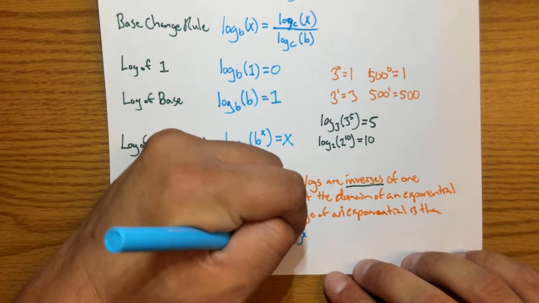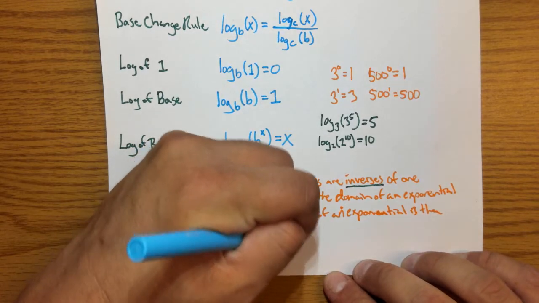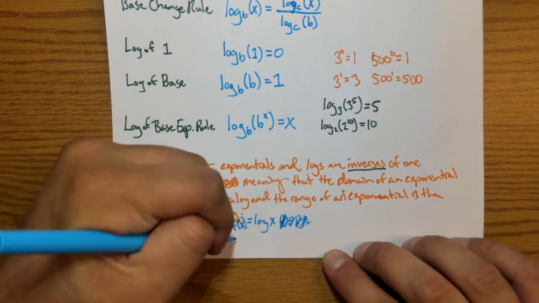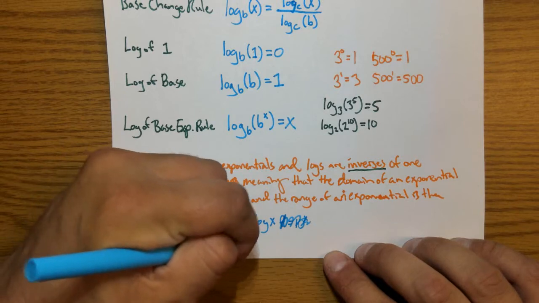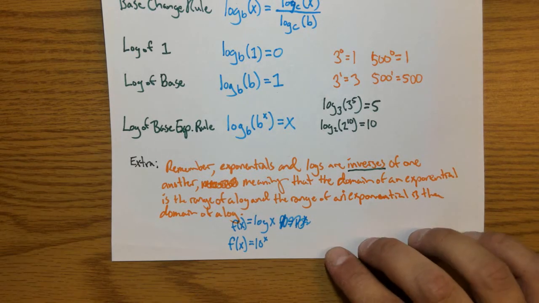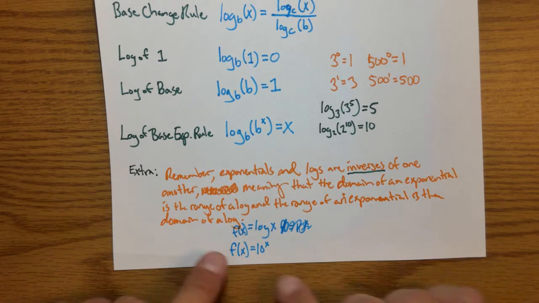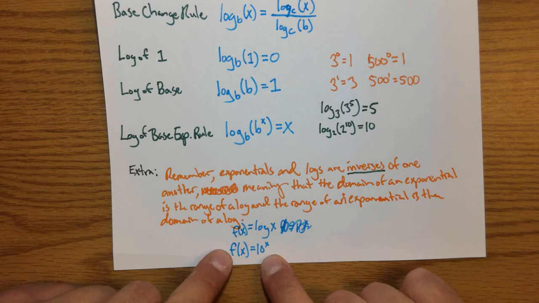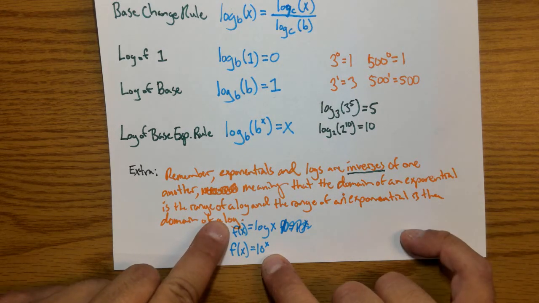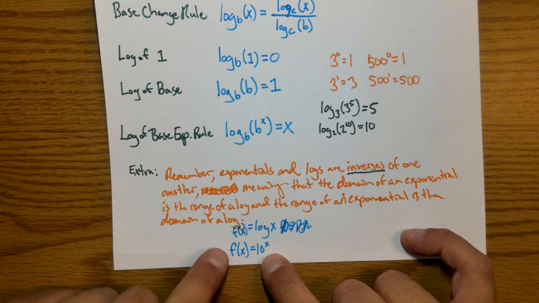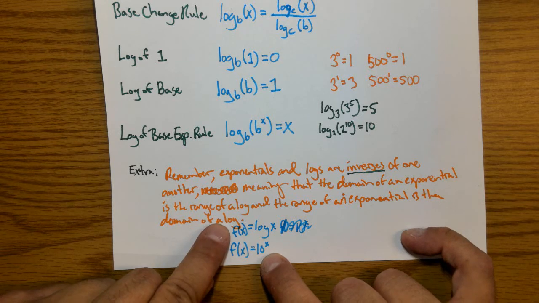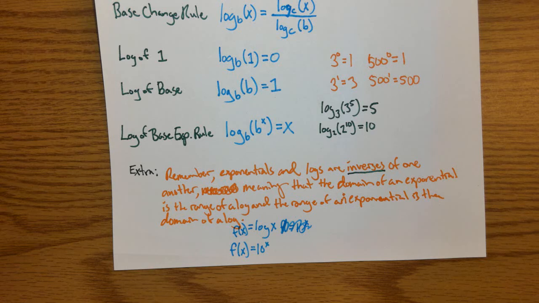And its inverse would be f of x equals 10 to the x. You can see that if you look at the log and exponential form. So these are inverses. The domain of 10 to the x is the range of log of x. The range of 10 to the x is the domain of log of x. So just keep that in mind. You'll need that information as well.